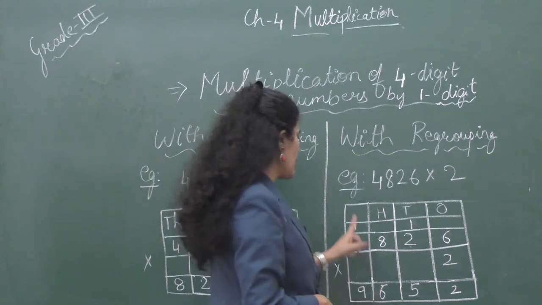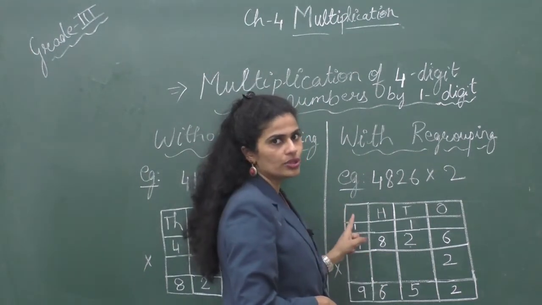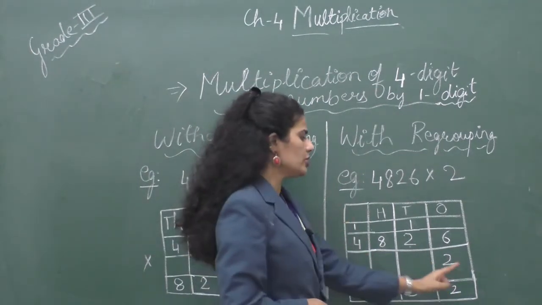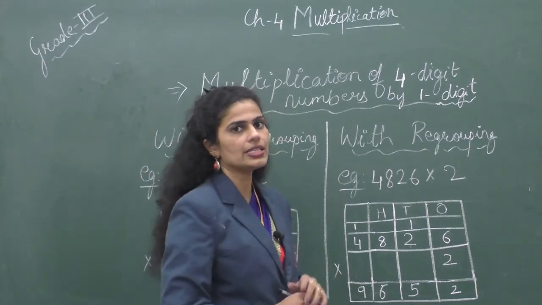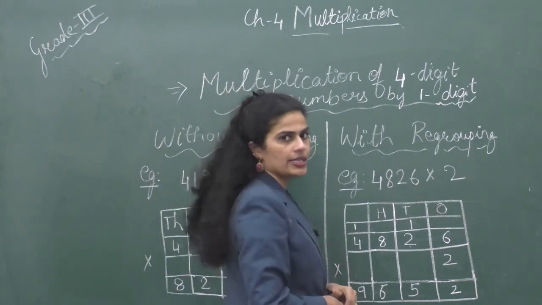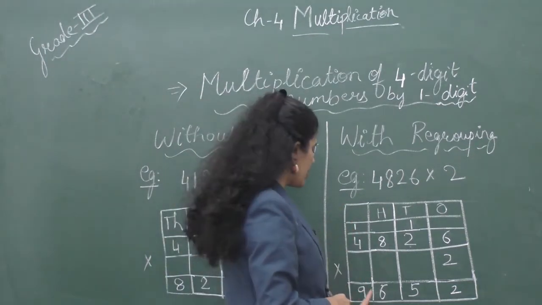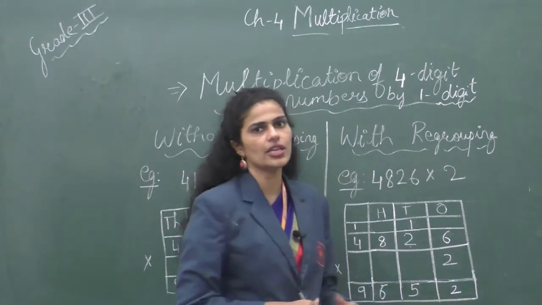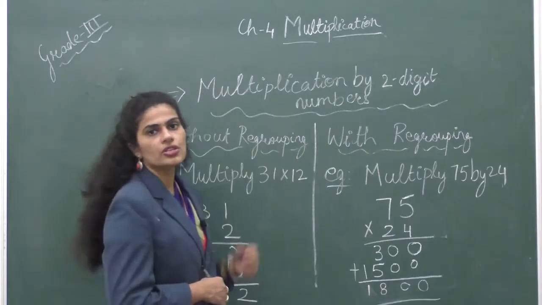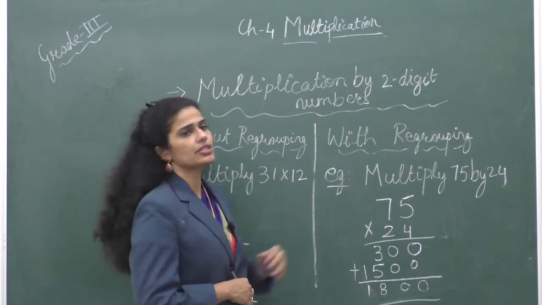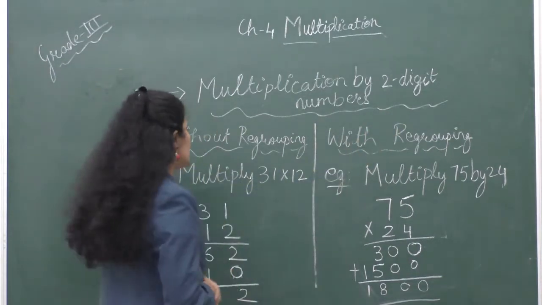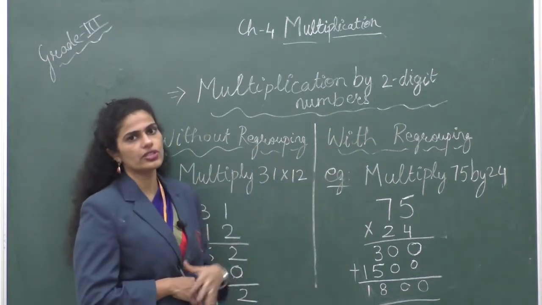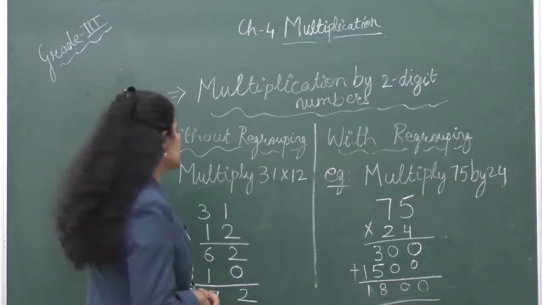So 6 and 1 carried to the thousands place. So 4 into 2 is 8, 8 plus 1 is 9. So the product is 9652.